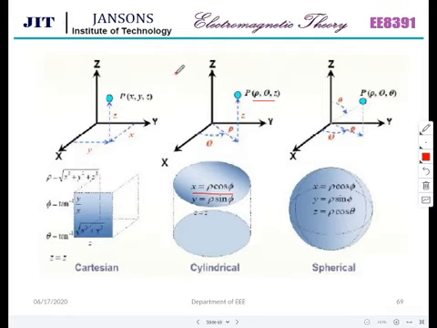We will take this triangle. This is our rho, this is our x, and this is my y. This vector is resolved into two components, x and y.